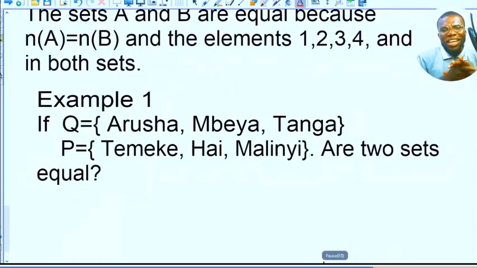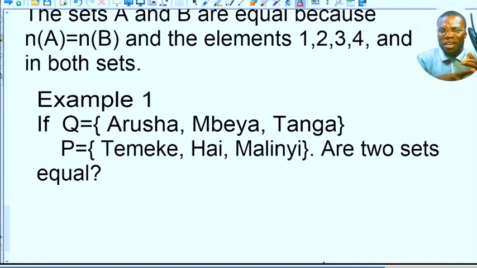Example 1 for the second type of set. Set Q comprises the elements Arusha, Mbeya, and Tanga. Here, dear student, you must understand what these are, or what is the common name for these elements.